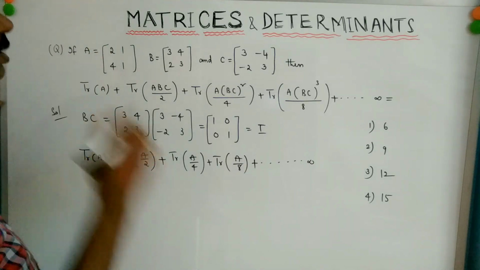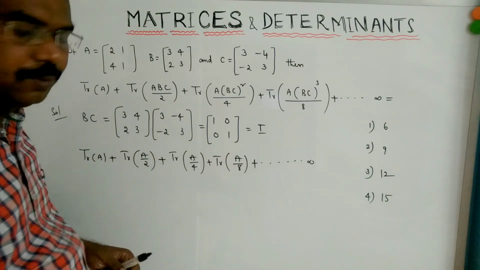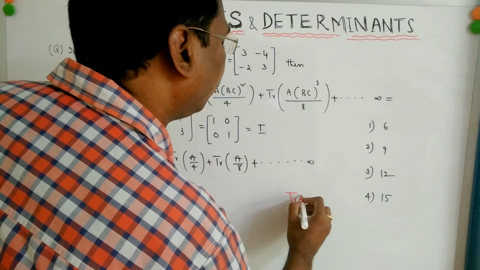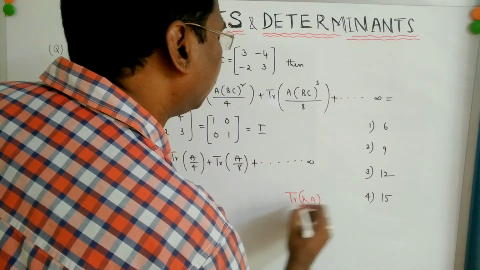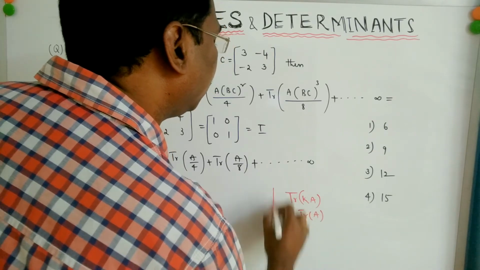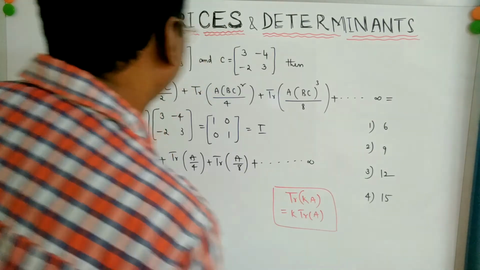Trace of kA is equal to k into trace of A.